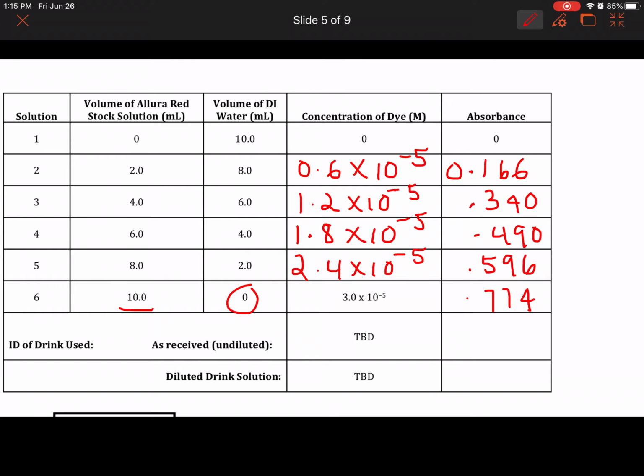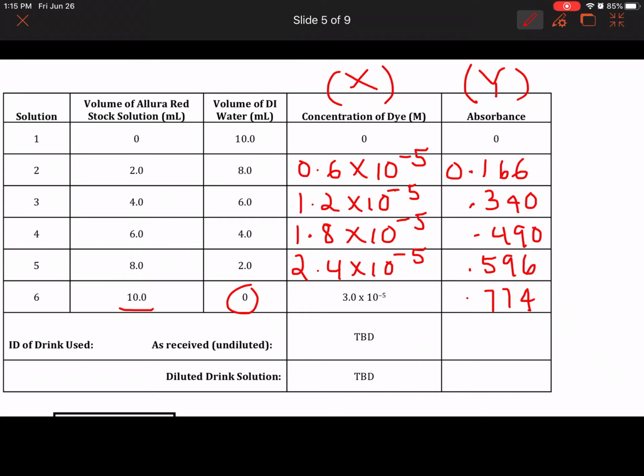Okay. So you use these data to construct a calibration curve. You're going to be using concentration as your X values and absorbance as your Y values. Once you get the calibration curve done, you're going to find the best fit line and the equation for the graph.